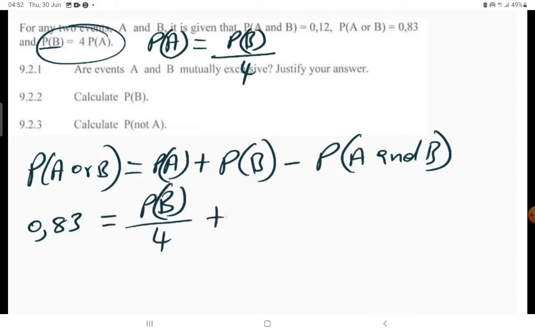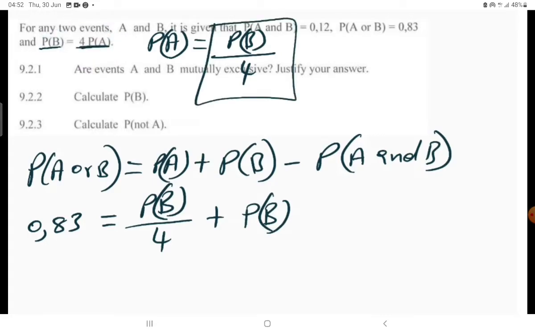Then in the place of the probability of B, we just put the probability of B, because we want to solve for the probability of B, as you can see in this question. So this is what we have.